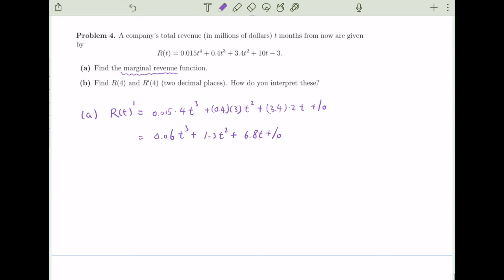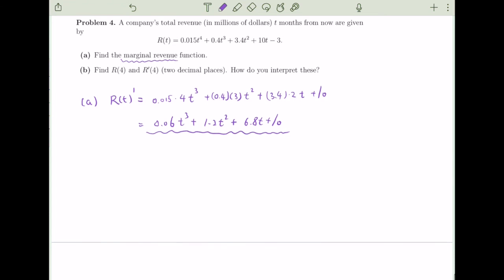Okay, so that is the marginal revenue. Very simple.